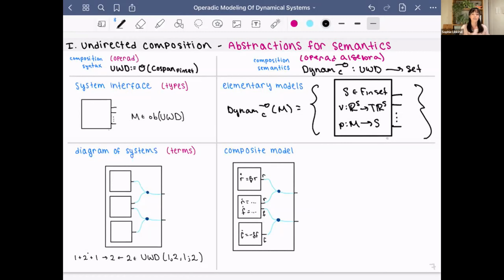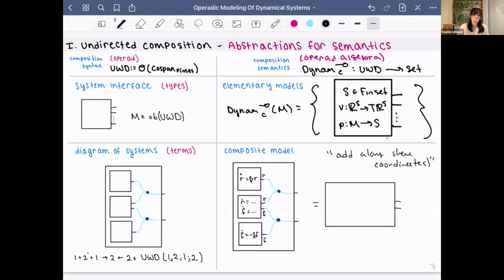And so now we have a diagram of systems and elementary models: how we want to compose our systems and the systems we want to compose. And so this is going to give us a model that fills our outer box. And for us, as I shared earlier, this follows the slogan, add along shared coordinates or resources.